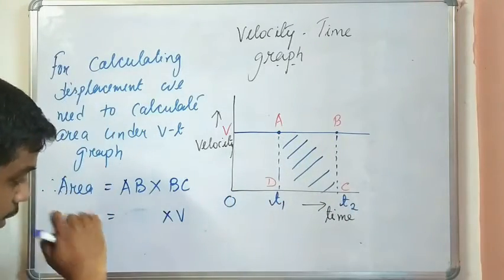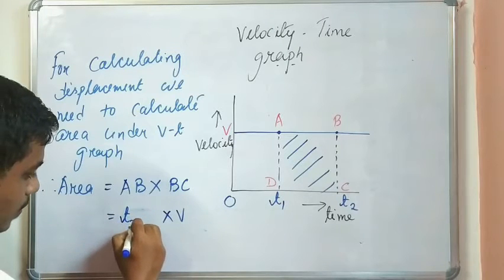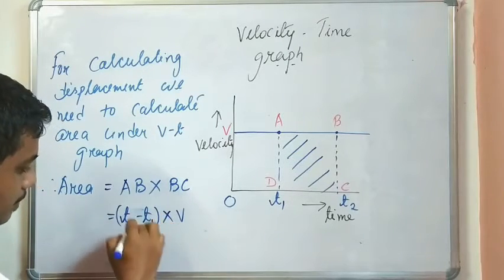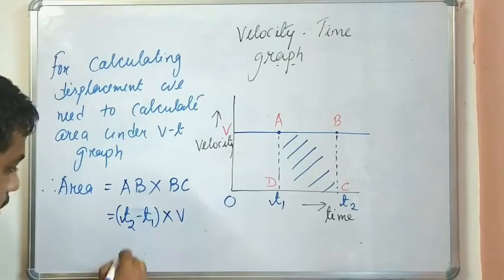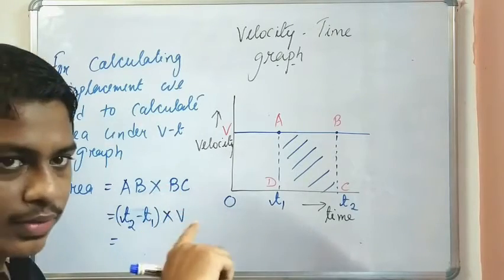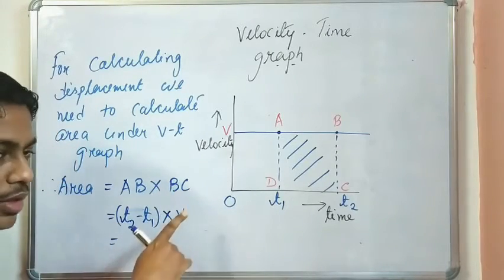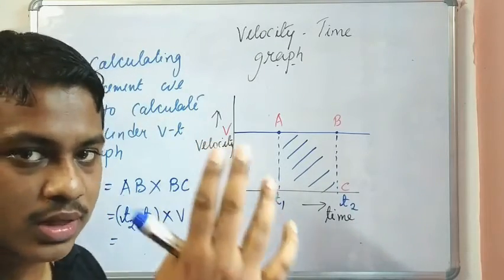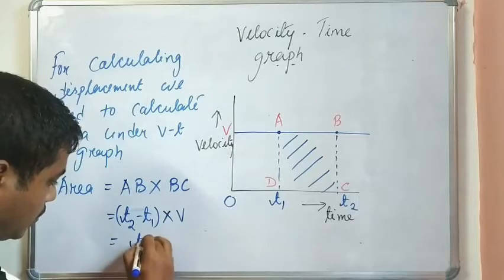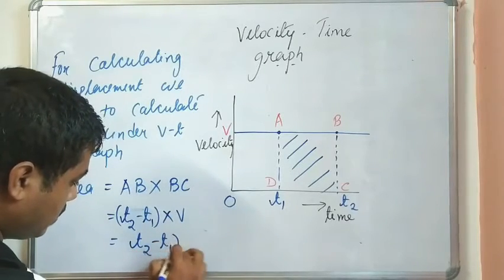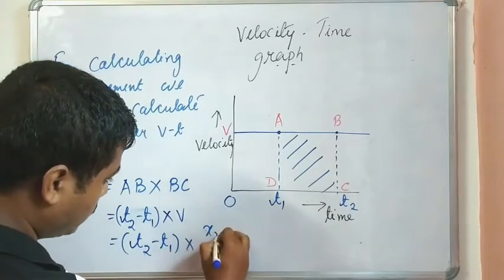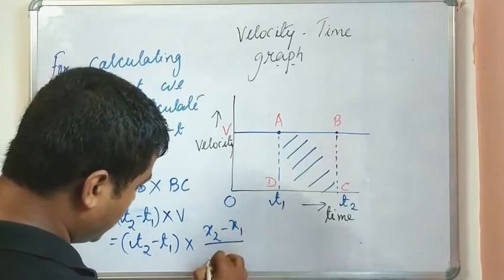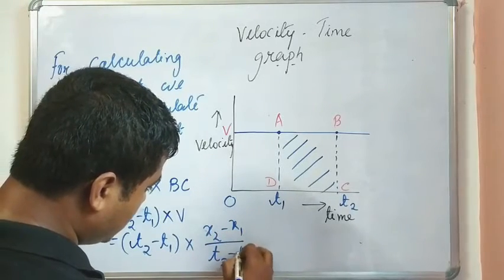That means it is representing T2 minus T1. Clear? Then from the previous one that we have done, it was written as x2 minus x1 divided by T2 minus T1. You can see the previous one. T2 minus T1 into x2 minus x1 divided by T2 minus T1.